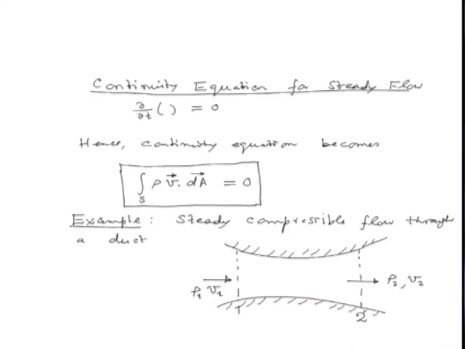The hashed part denotes the solid boundary of the duct. Now let us apply the continuity equation to this. What do we get? At the inlet, the area vector points in the direction opposite to that of the velocity, and at the outlet the velocity vector and the area vector are in parallel directions.